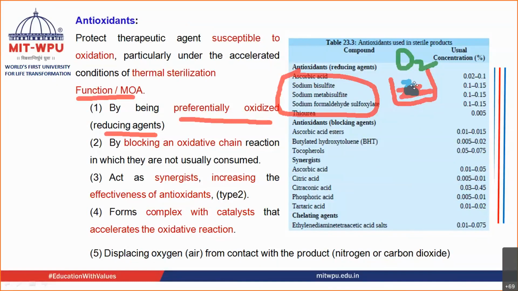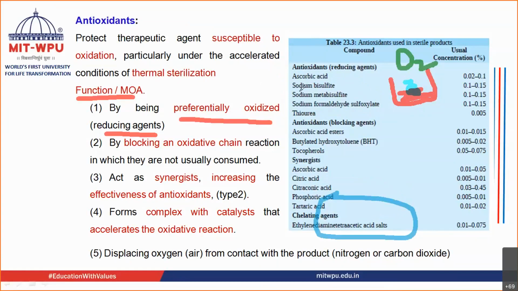They are prone to oxidation themselves. So your formulation is protected because these substances themselves undergo oxidation. Examples of these are ascorbic acid, sodium metabisulfite, sodium bisulfite, thiourea. So these are some of the examples of antioxidants.